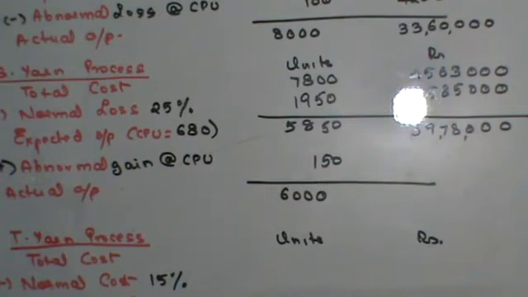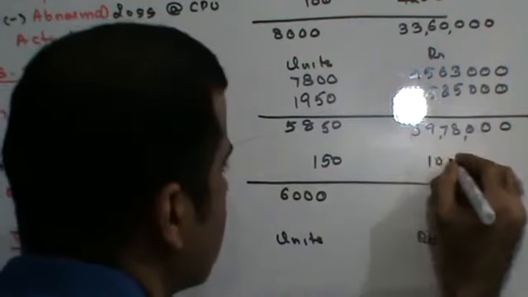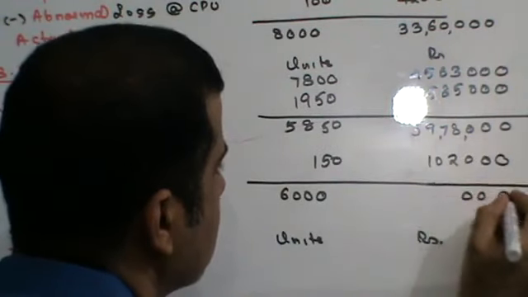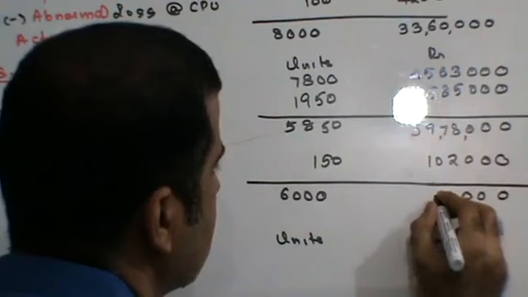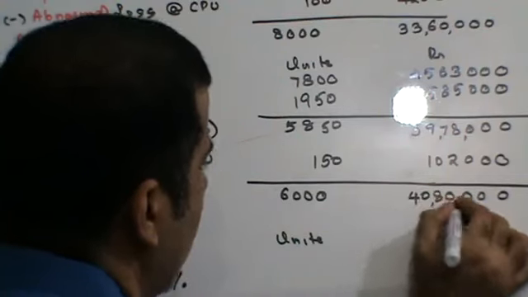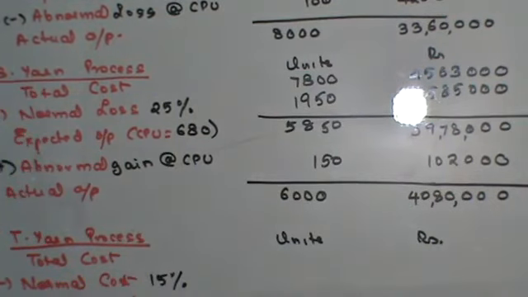So you will multiply 150 into 680, which will give you 1,02,000. Right? Do we get this thing here? When you add that, you will get 40,80,000.